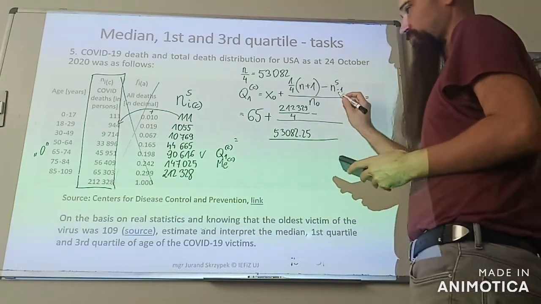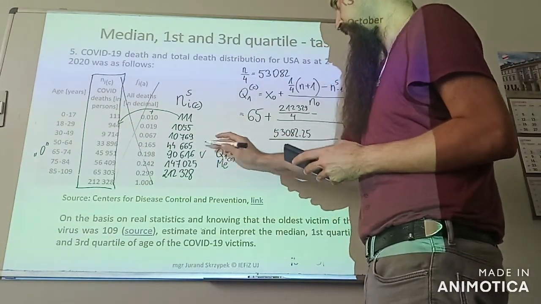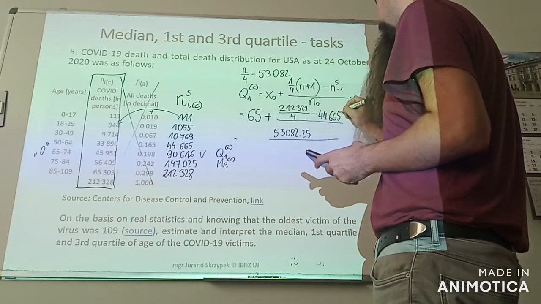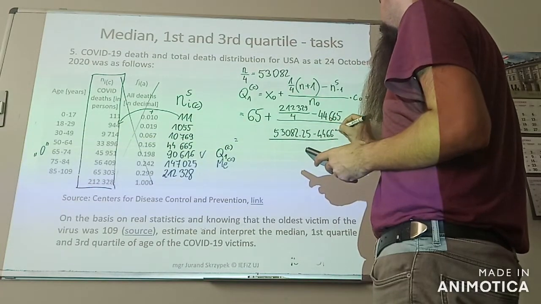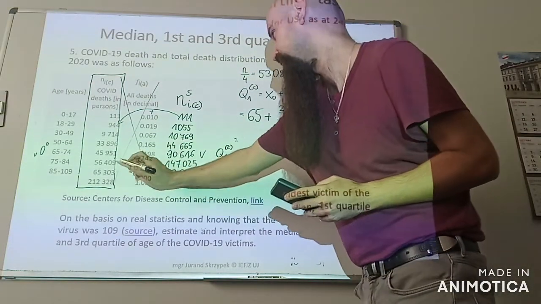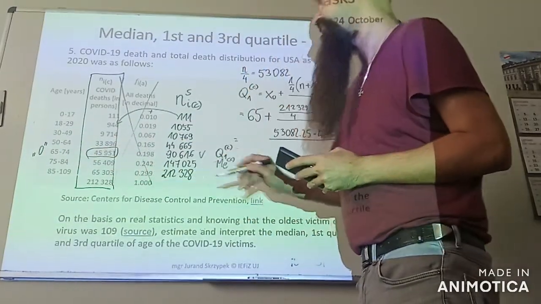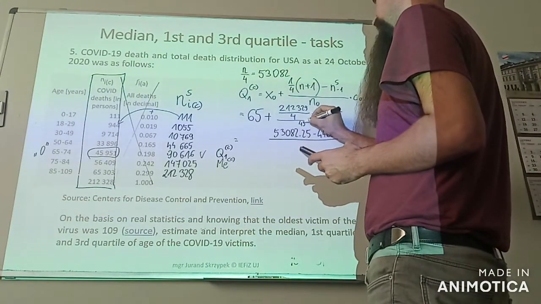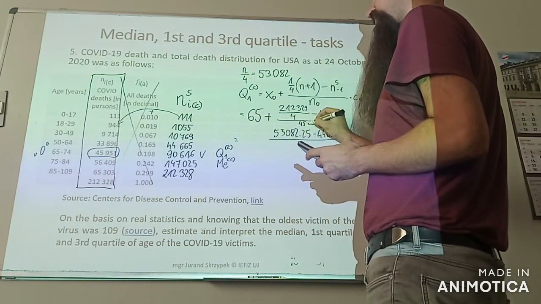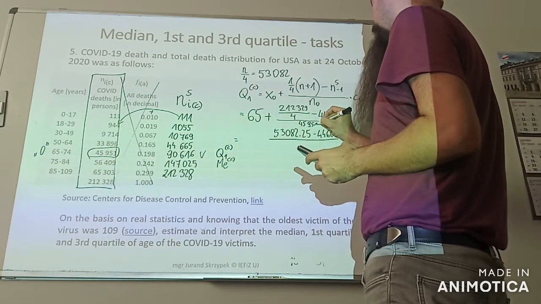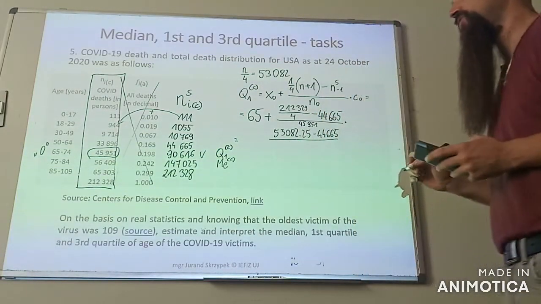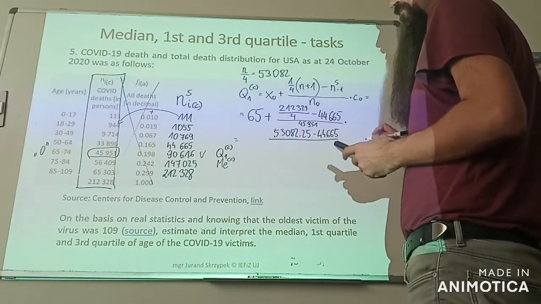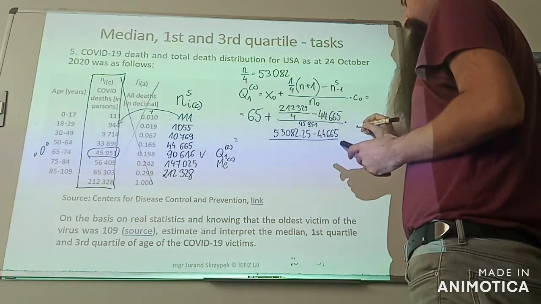Minus the cumulative frequency from the previous class, 44, 6, 6, 5, yeah, divided by the frequency from the class of the first quartile, 45, 9, 5, 1, and multiplied by C0. This is the range of that class. It is the same as in the previous case. It's 9.